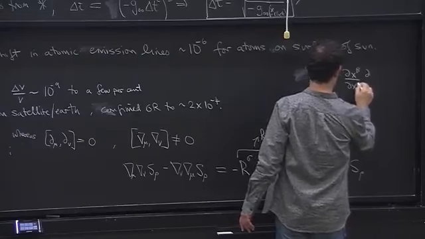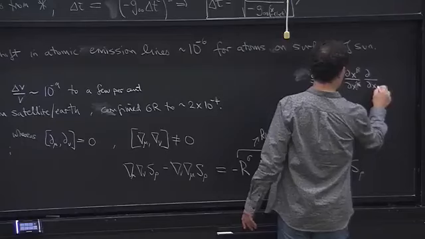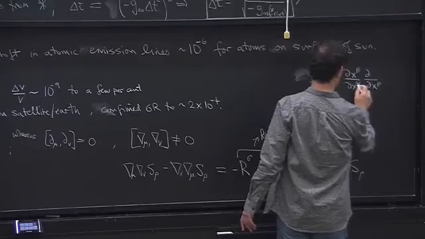d by dx alpha equals dx beta over dx alpha, d by dx beta.